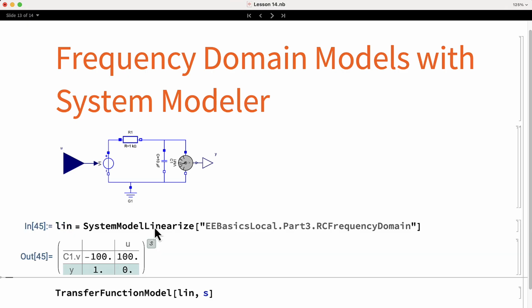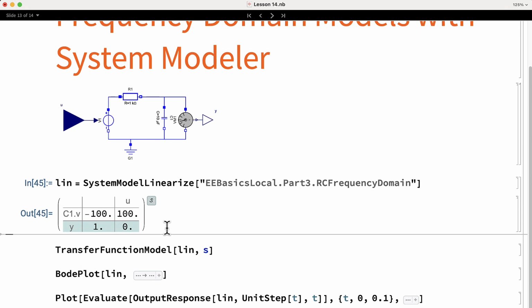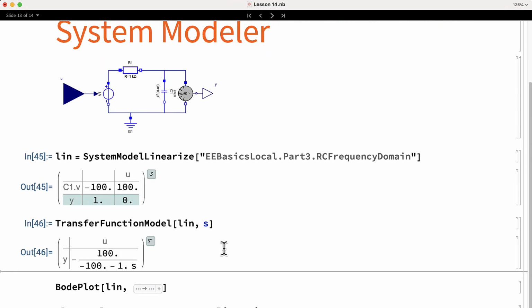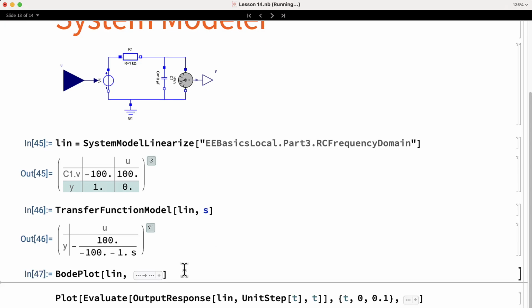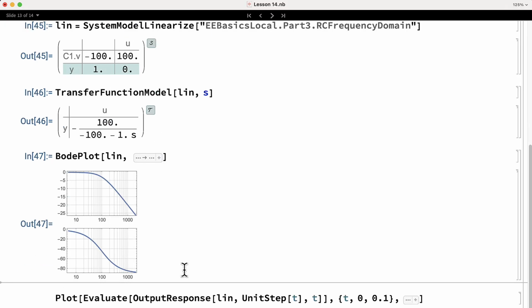A state space model is simply a different representation to capture the differential equations. We can easily convert this representation to a transfer function. We can use either the transfer function or the state space representation to create the Bode plot. And we can even run simulations directly in this representation.